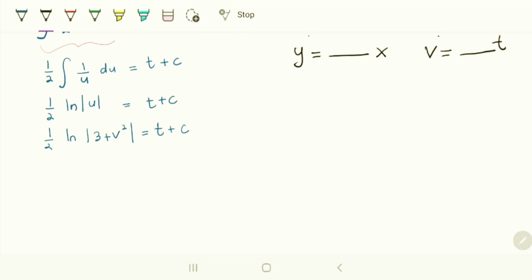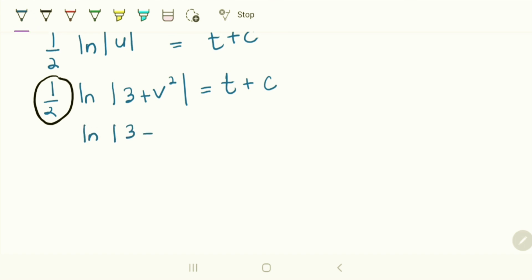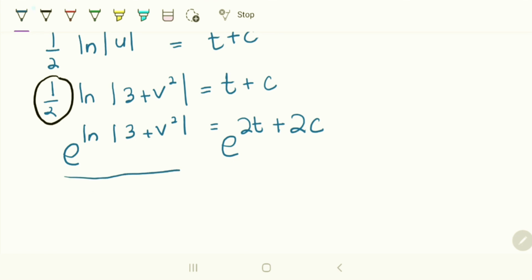So let us try to simplify this and get v as the subject. First of all, we will bring the constant to the other side and have ln 3 plus v squared equal to 2t plus 2c. And then we can have e on both sides. So from the property of log, here will be 3 plus v squared.